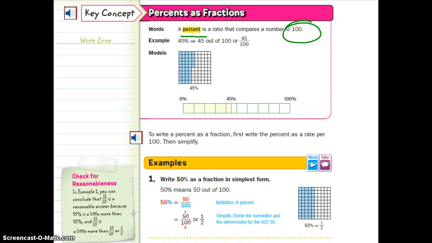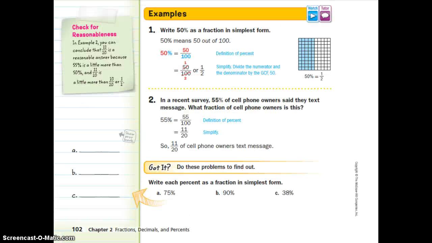So we know that 50% is 50 over 100 because we have percents over 100. And then all I have to do is simplify it, and I get 1/2. In number 2, a recent survey said 55% of cell phone owners text message.